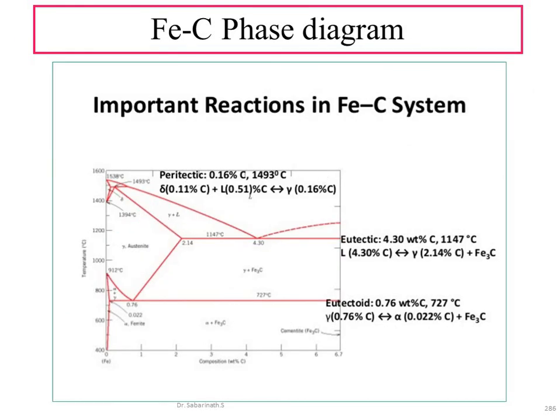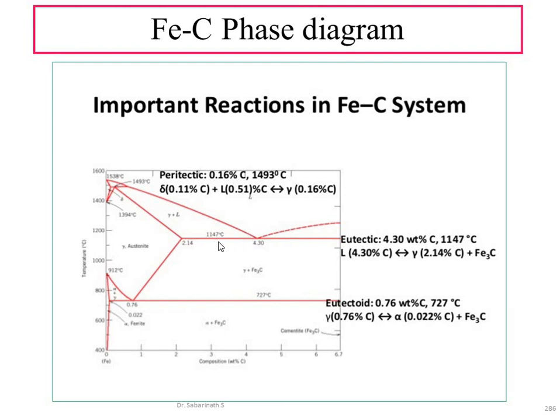Some of the important reactions which happen in the iron carbon system: the first one occurs at 1493 degrees centigrade, shown by a straight line here. That is the peritectic reaction, where delta plus liquid is converted into gamma phase and vice versa.